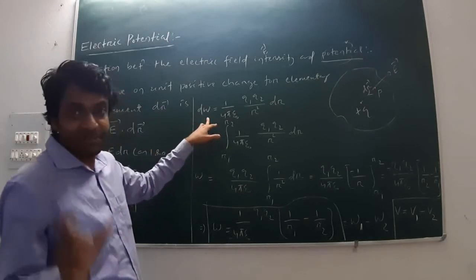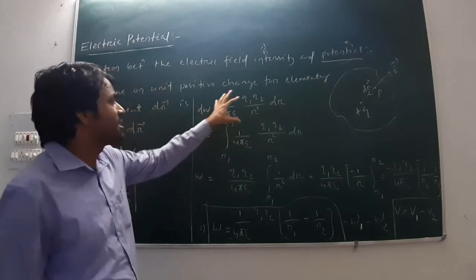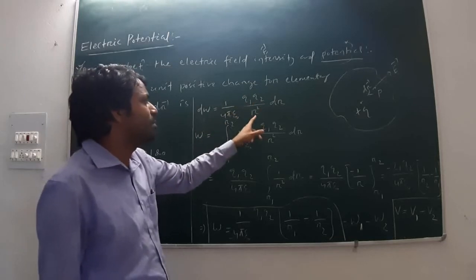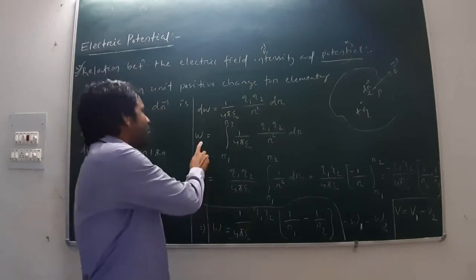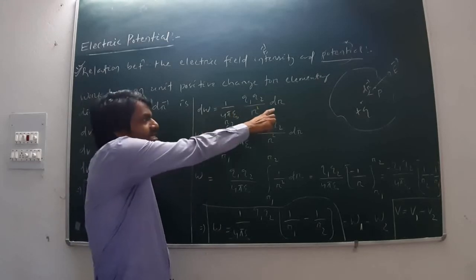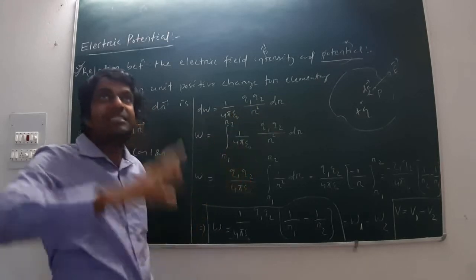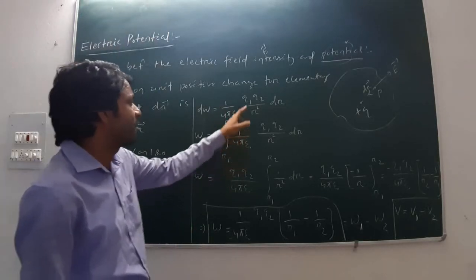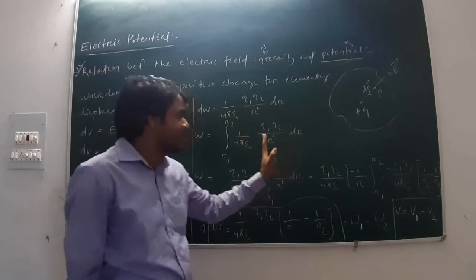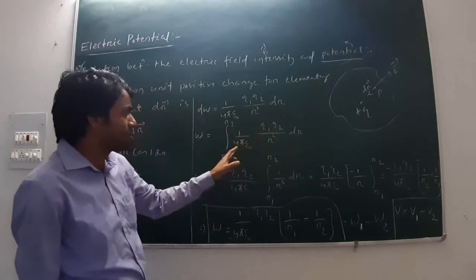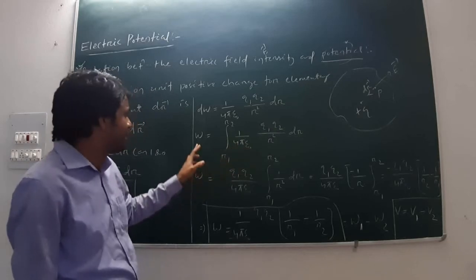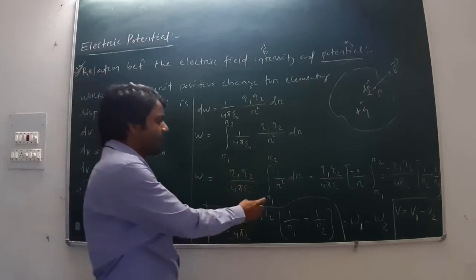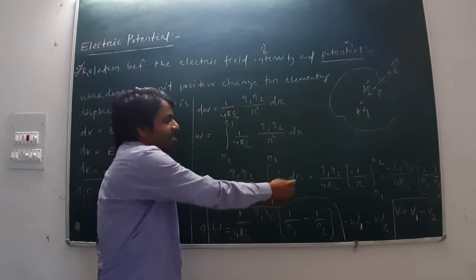Now dW for a small displacement dr is, according to the formula, F dr, that is 1 by 4 pi epsilon naught q1 q2 by r square dr. Now W is obtained by integrating both sides, this side from r1 to r2, initial to final position. As q1 q2 are constant, 4 pi epsilon naught is also constant. Therefore W is equal to q1 q2 by 4 pi epsilon naught, integral from r1 to r2 of 1 by r square dr.